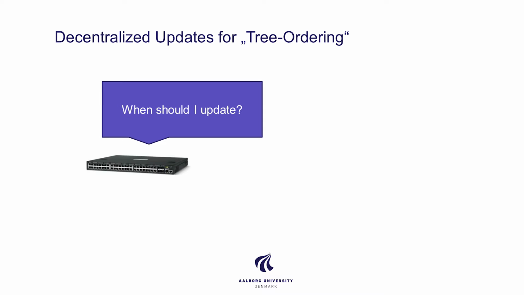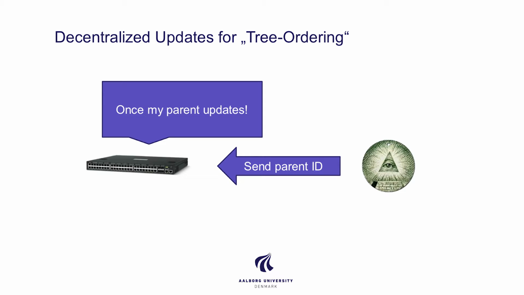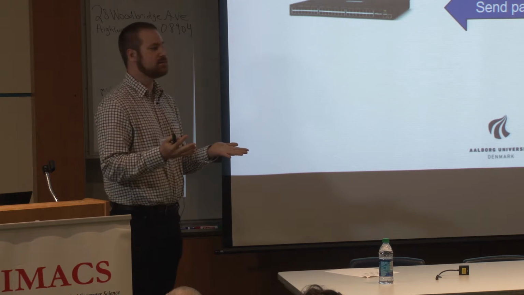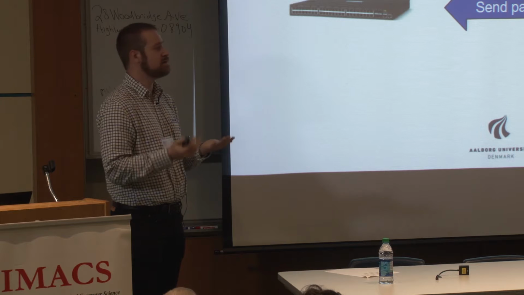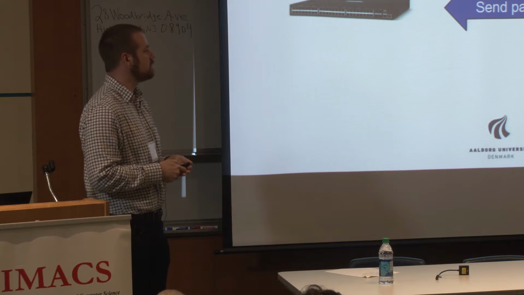To give you some idea about this, let's say you're a switch and you ask yourself, when can I update without introducing any loop? This loop could be maybe 100 hops long, so you have no idea how to check it locally. Well, if you do this tree ordering idea, all you need to know is who's my parent, and when my parent updates, I can update as well without introducing any loops.